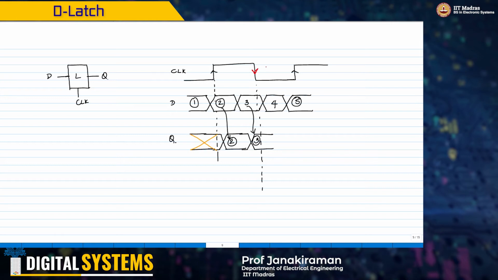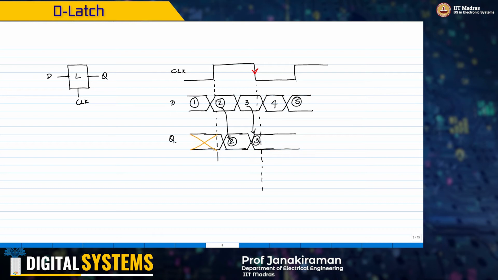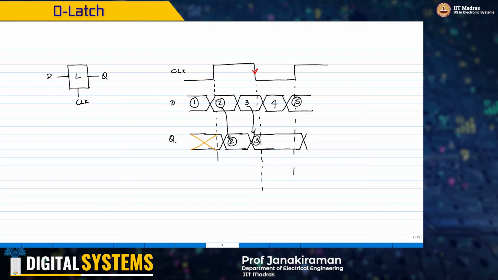We are not worried actually about the rising edge now. We are worried only about the falling edge because that is the sampling edge. So state 3 will simply remain all through, and of course when you come back to here, it will react to this change into state 5.